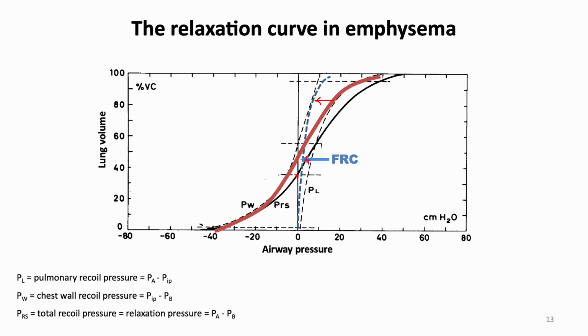So here you can see how an increase in pulmonary compliance without any changes in chest wall compliance increases functional residual capacity, and in fact also total lung capacity. But this here is relative volume, it's percent of vital capacity. So you can see that the functional residual capacity makes up a larger proportion of vital capacity.